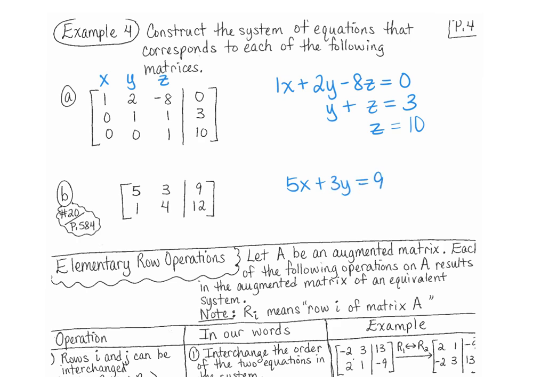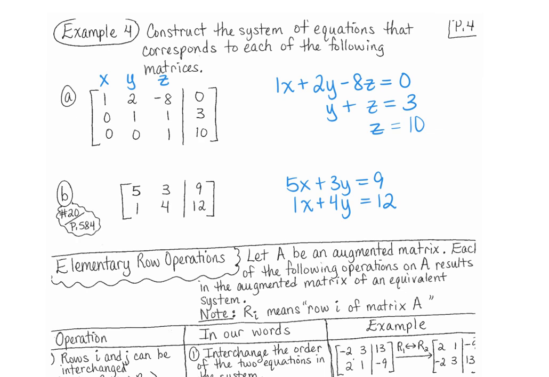Good. 5x plus 3y equals 9. Now let's say it together. What is equation 2? Get your timing right. You're correct. I just need your timing together in sync. Go. Yes. You can say 1x plus 4y equals 12, or you can say x plus 4y equals 12. That's your system. Very good.